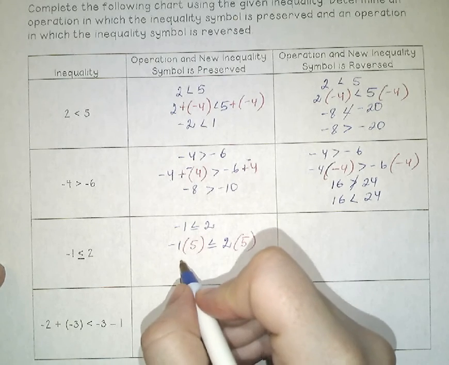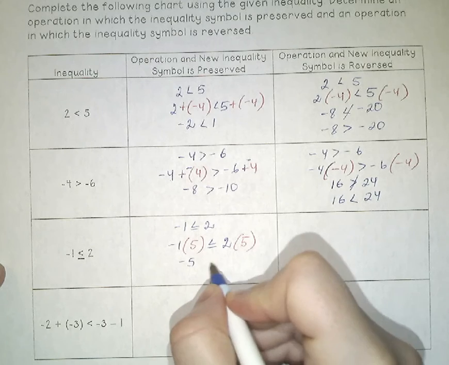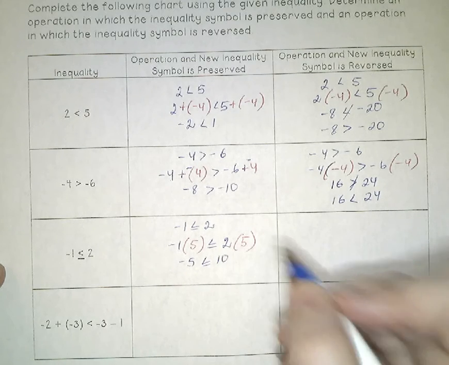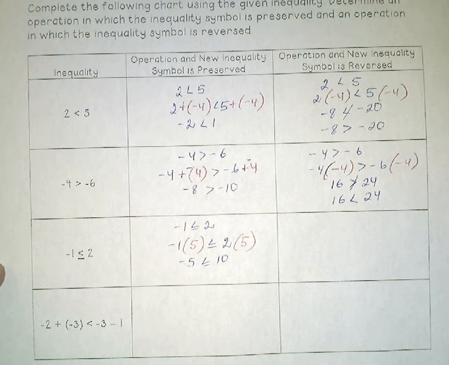Negative 1 times 5 is negative 5, is less than or equal to 2 times 5, which is 10. That is a true statement. Negative 5 is less than 10. In this inequality, we also have equals to. That's okay. It's just the sign that we have here, less than or equal to 10.